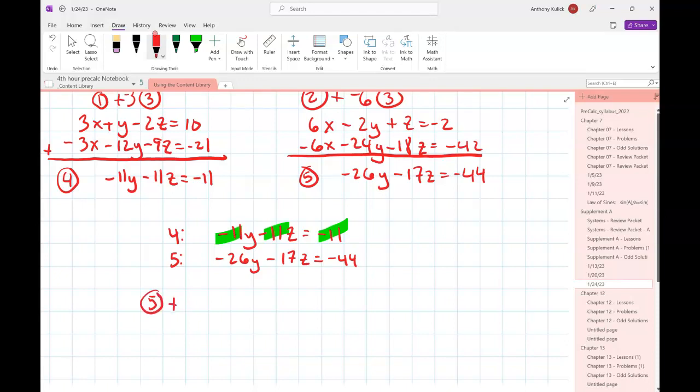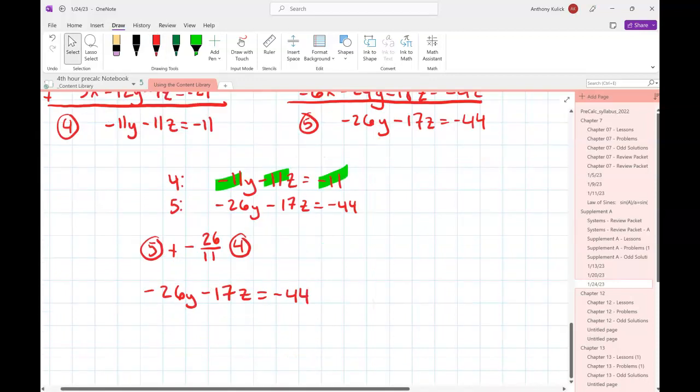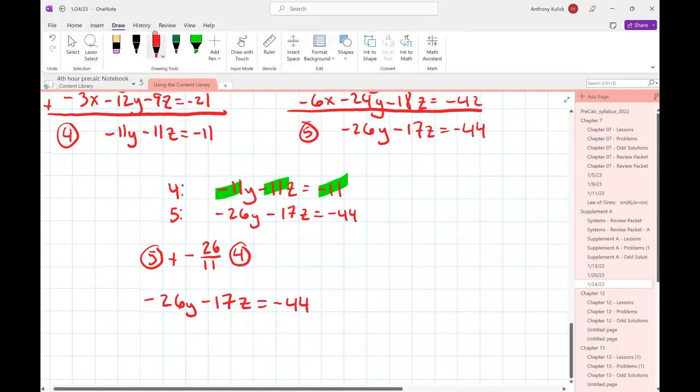What do I need to multiply equation 4 by to do that? Multiply by 26 over 11. That's just going to make it a little bit easier there. Could I have multiplied 5 by 11 and 4 by -26? Sure, but the numbers just get really big that way.